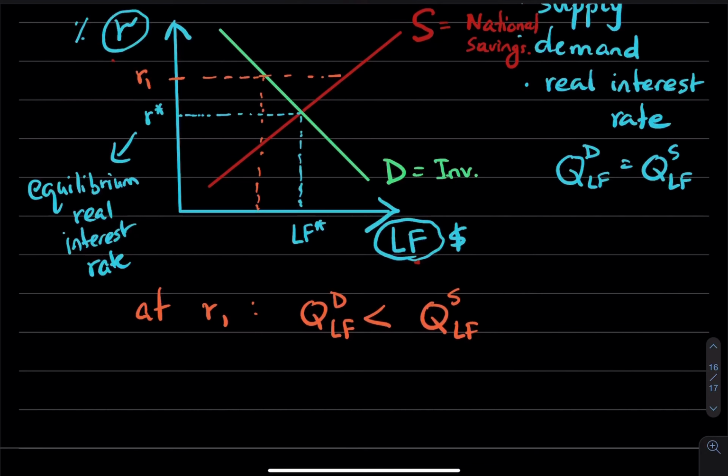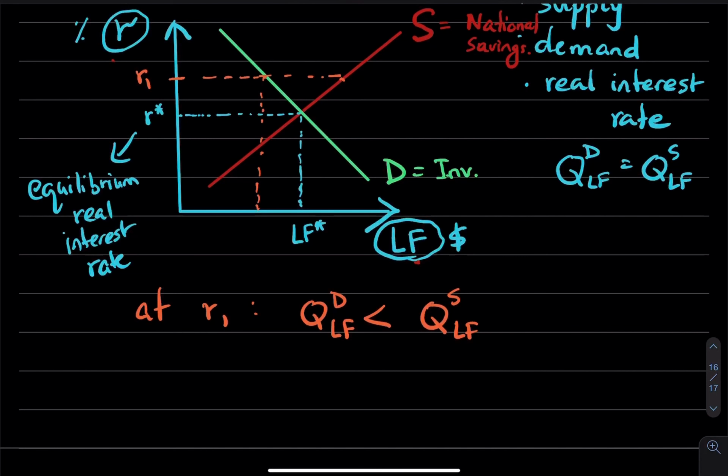You're measuring demand on the green demand curve, and you're measuring supply on the red supply curve. So here the quantity supplied exceeds the quantity demanded. Typically when there is an excess supply of funds, the price must drop.